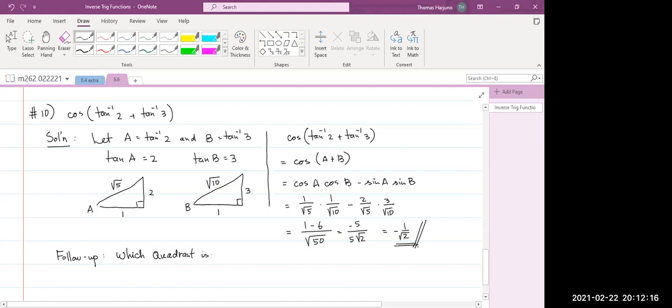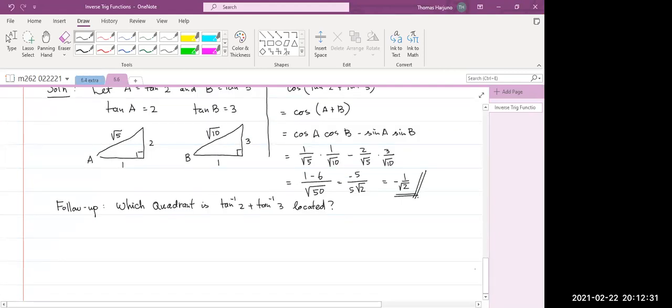Which quadrant is this tangent inverse 2 plus tangent inverse 3 located? First argument, cosine of this expression is negative.